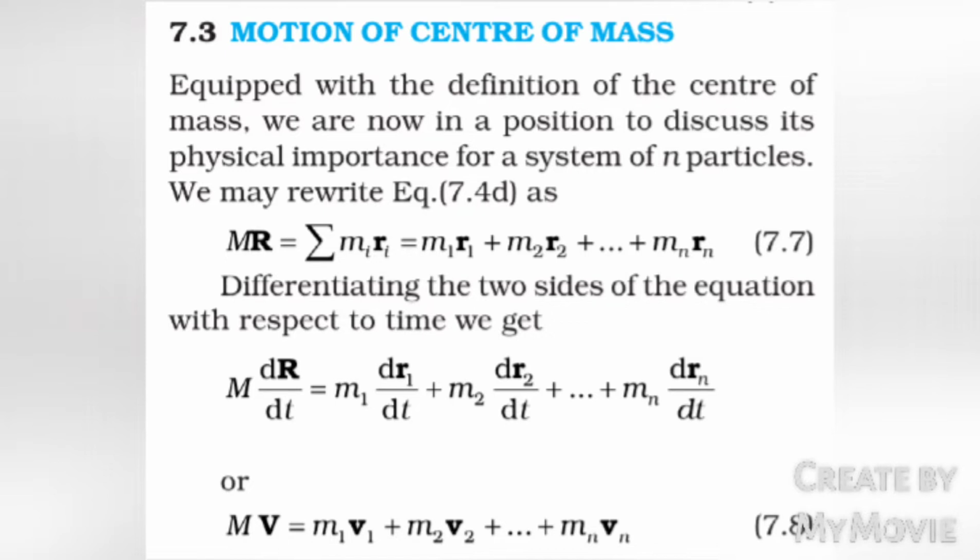We may rewrite equation 7.4d as mR = Σ mi ri = m1r1 + m2r2 + ... + mnrn.